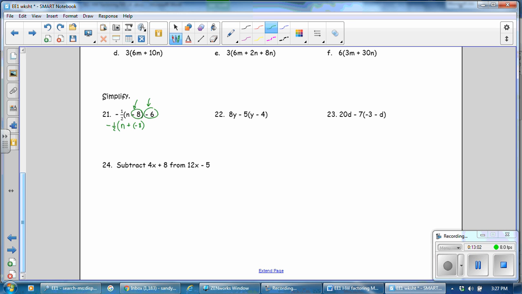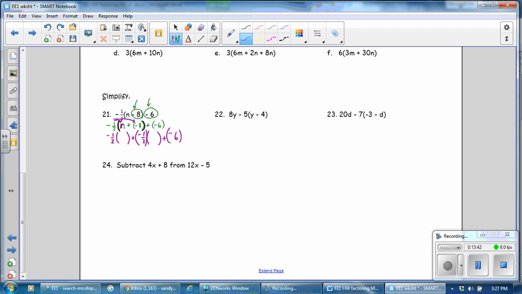To subtract 6, I rewrite that as adding a negative 6. Now I have negative 1/2 times the quantity n plus negative 8 plus negative 6. My next step is to distribute the negative 1/2 to both of those terms. So I have negative 1/2 times the first term plus negative 1/2 times the second term. And I'm going to put this negative 1/2 in parentheses as well, plus negative 6.